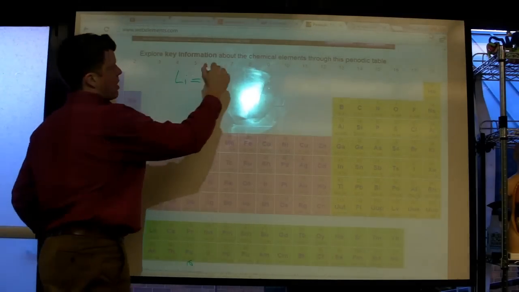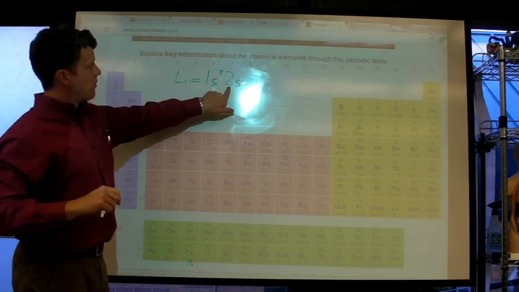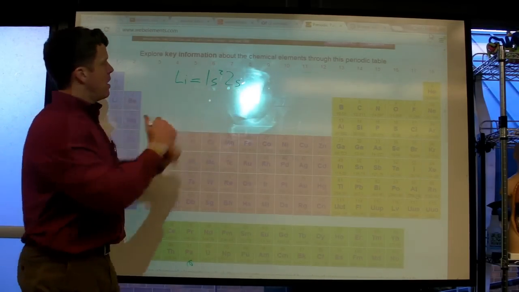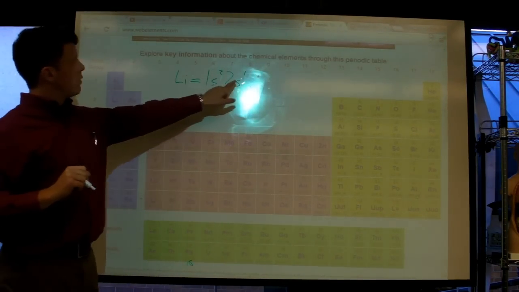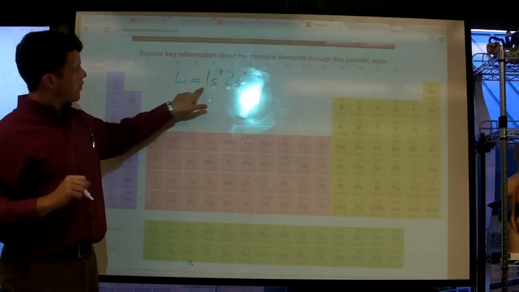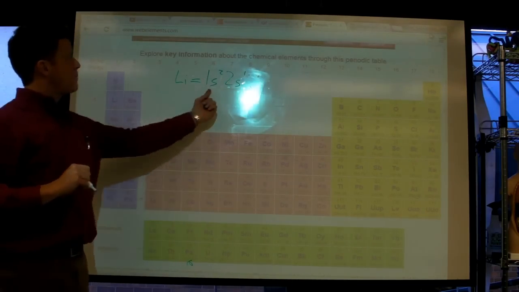So we need to add another energy level. So this stands for second energy level, and then the first orbital within that level is an s orbital. And then we've got 1 electron left, so that would be 1 electron inside it. So 3 electrons total, 2 go in the first energy level, 1 goes in the second, S-shaped orbitals only.